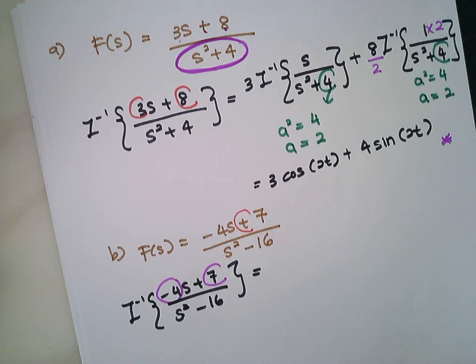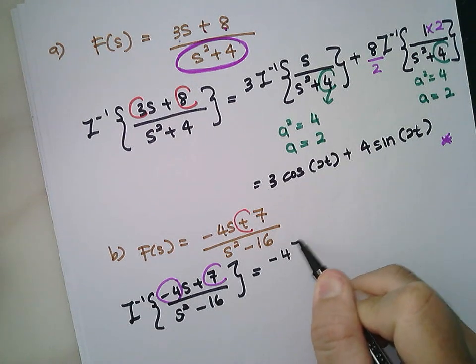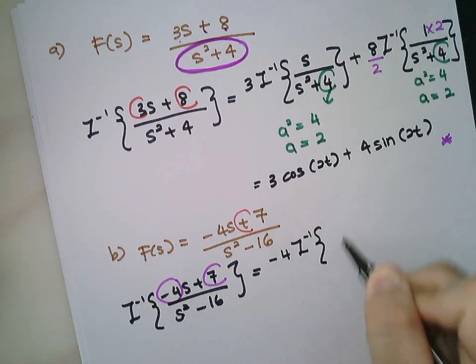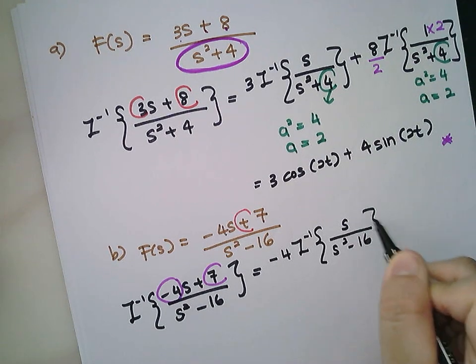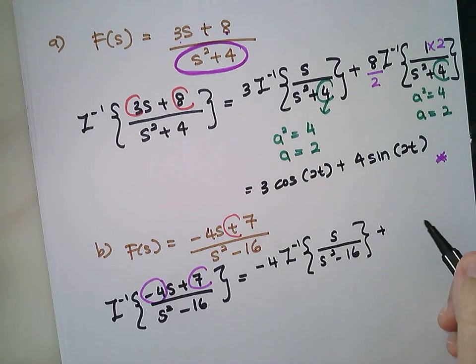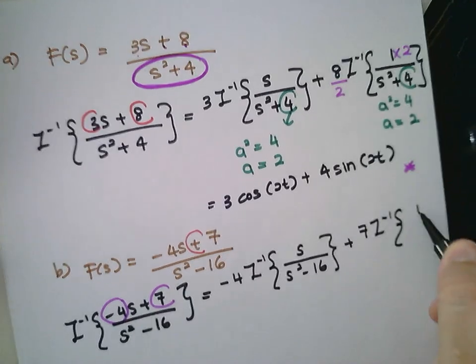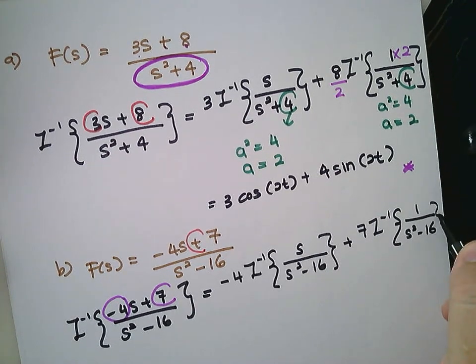So factorize negative 4. You are going to find the inverse of s over s squared minus 16, plus, factorize the second constant, which is 7, you need to find the inverse of 1 over s squared minus 16.